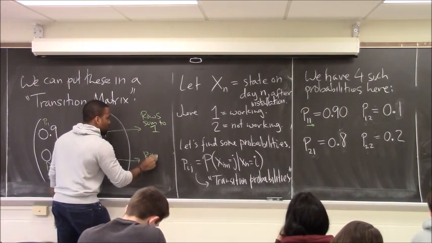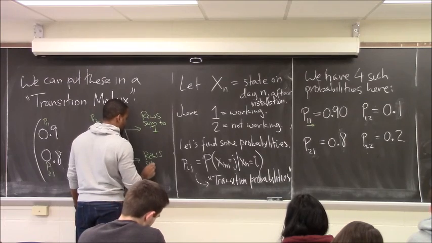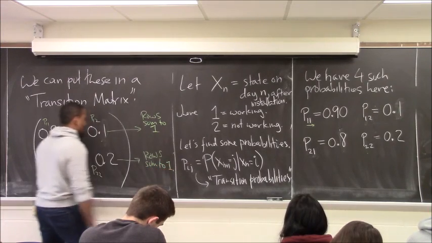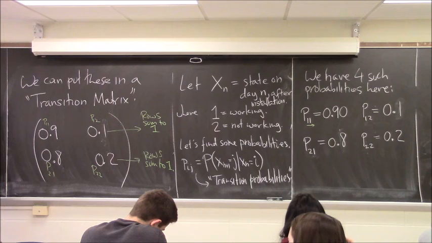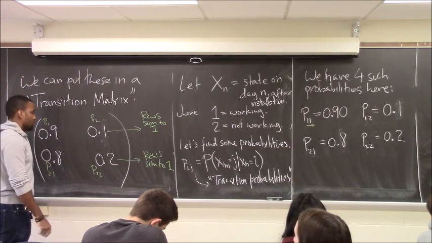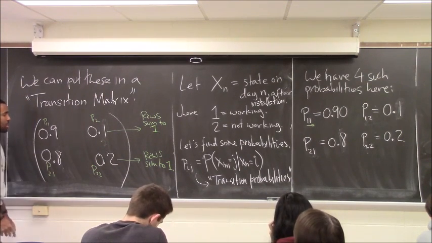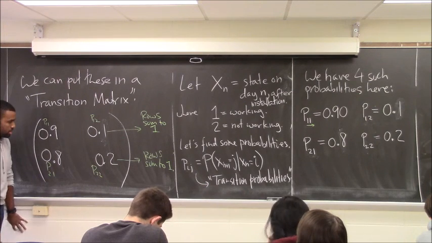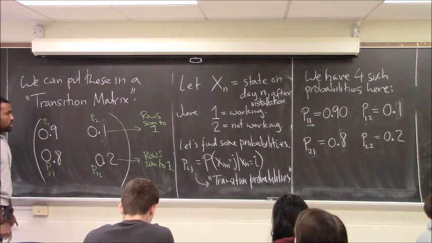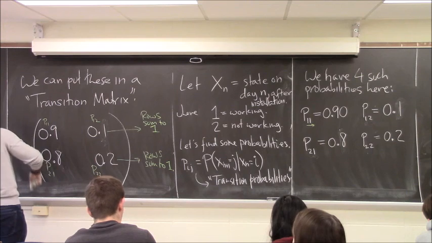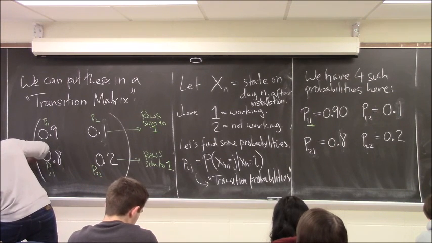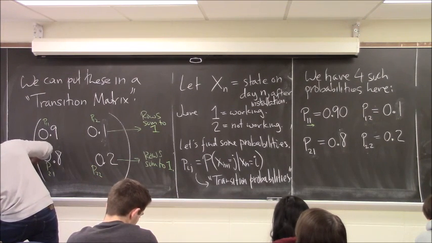That's one way you know that you're setting up the matrix correctly. Either the rows or the columns should add up to 1, but in your textbook they let the rows add up to 1. So you think of the rows as the current state.